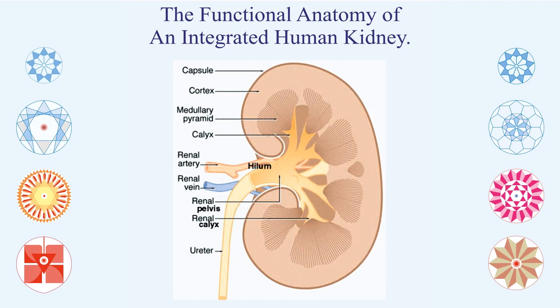Then you have the calyx, and then the urinary pelvic region, and all the ureters come together to form the ureter, and urine is carried to the bladder and excreted out at regular intervals. This is the middle level of structure of the urinary system.